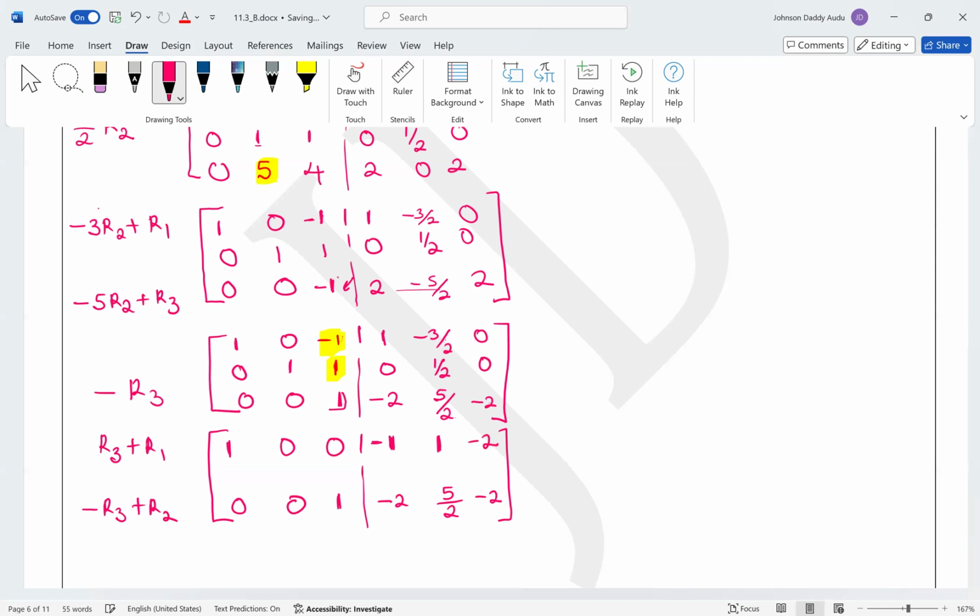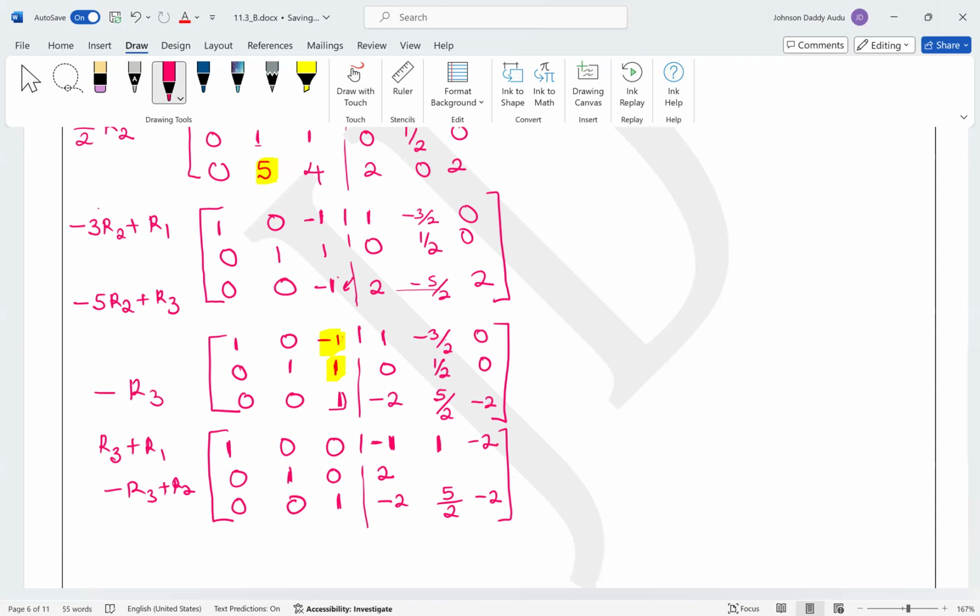Okay, then this one should be in the position of minus R3 plus R2. So this is still 0. This is still 1. So this is going to be 0. Then you have minus of this, which is 2 plus 0. This is 2.